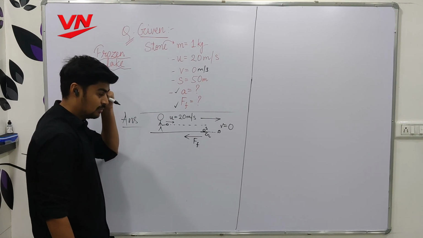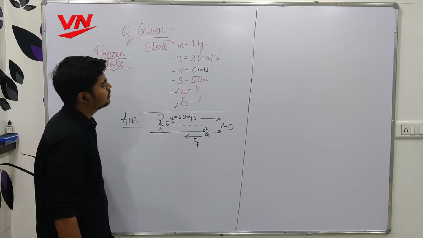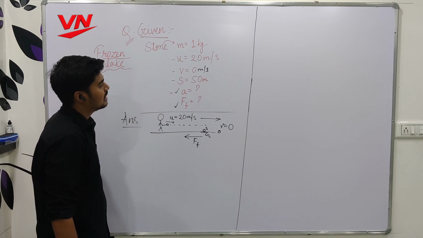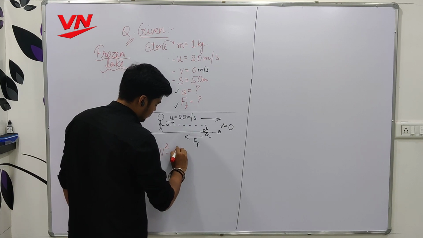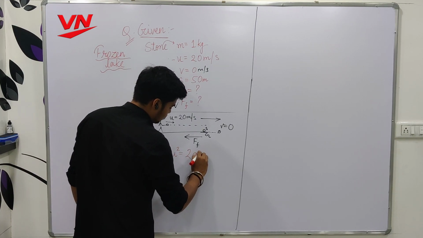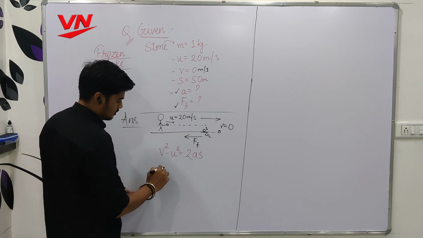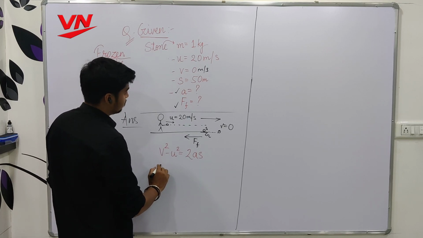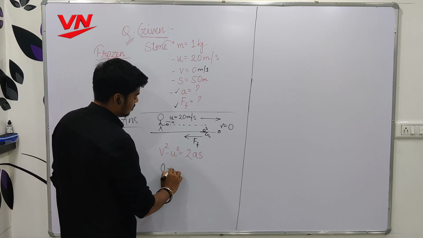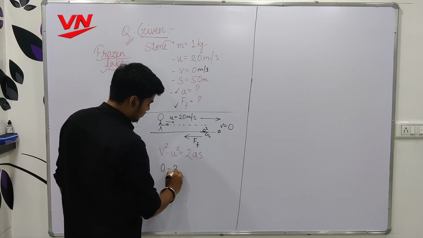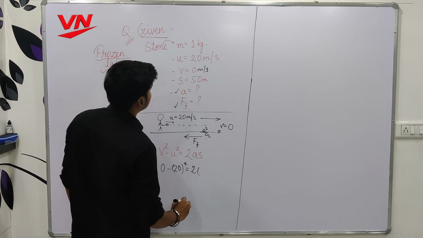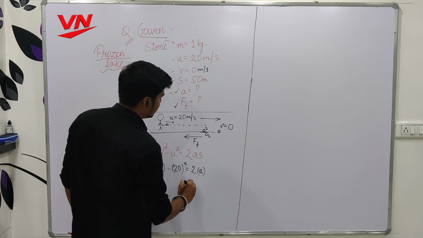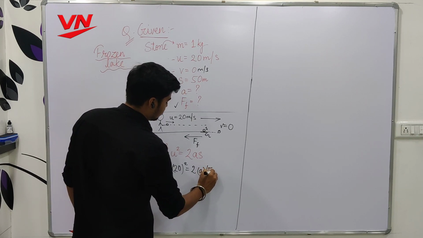We can go with the last one, because time is also not given. v square minus u square is equal to 2as. Final velocity 0, initial velocity is 20 and its square, 2, acceleration we have to calculate, displacement is 50 meter.